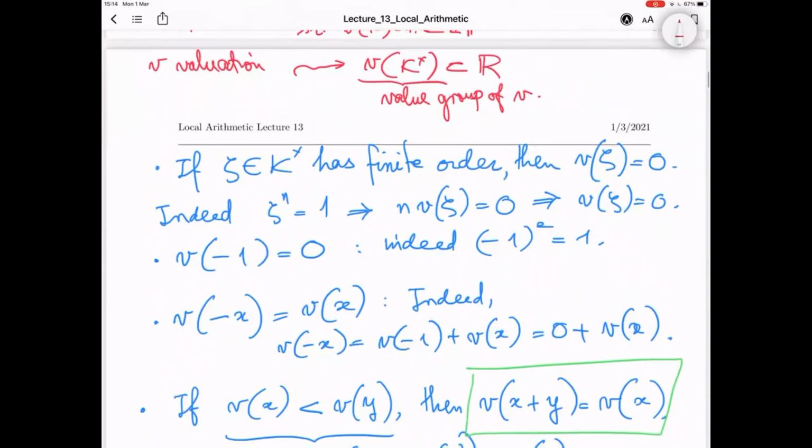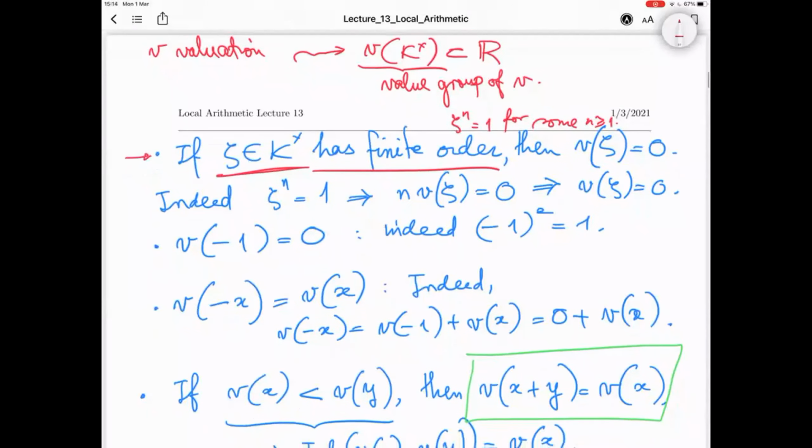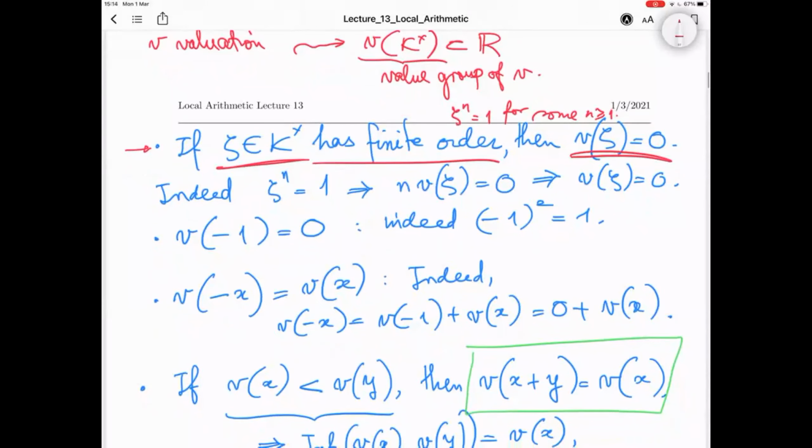Okay, so one of the first things that you can prove is that if zeta is an element of this multiplicative group K star which has finite order, which means that zeta to the n is equal to 1 for some n, then its valuation has to be 0.